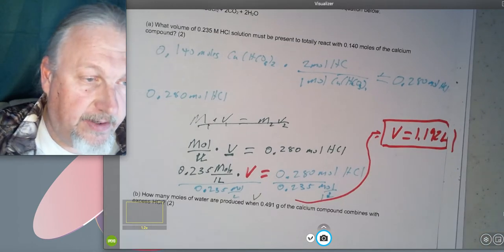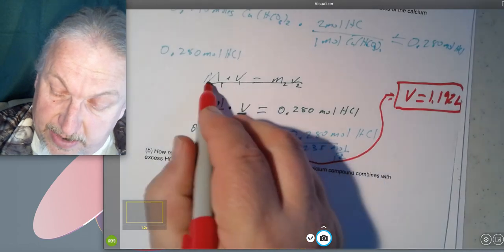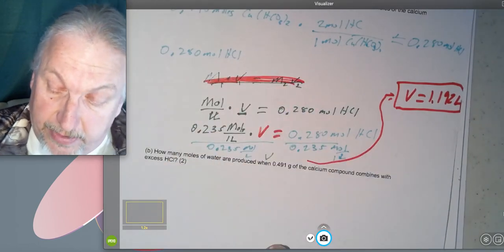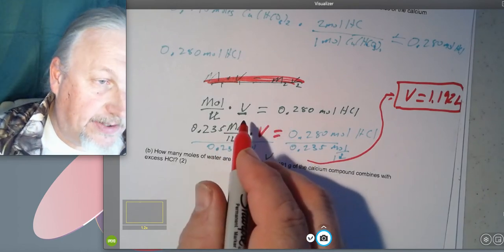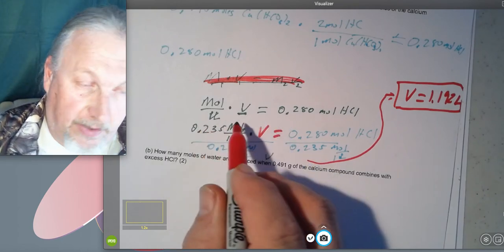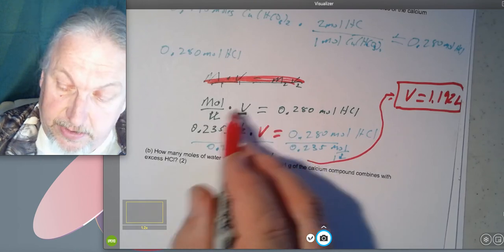Problem solved. Again, you can see it's not that hard. We're using that concept, but we don't really need the formula, because molarity times volume gives me the number of moles, since the volume will cancel out.